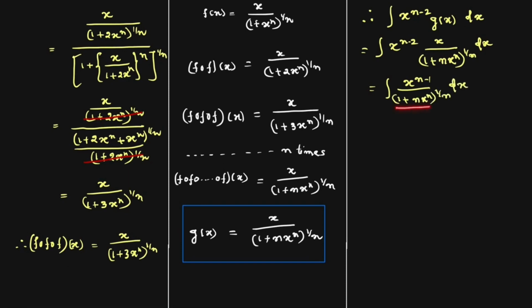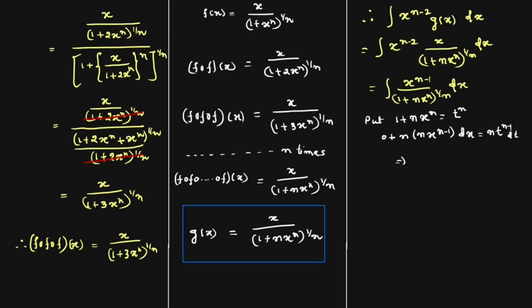Now we put this equal to t to power n, then put 1 plus n x to power n equal to t to power n. Differentiating both sides with respect to x, then we will get 0 plus n x to power n minus 1 dx, which is equal to n t to power n minus 1 dt.